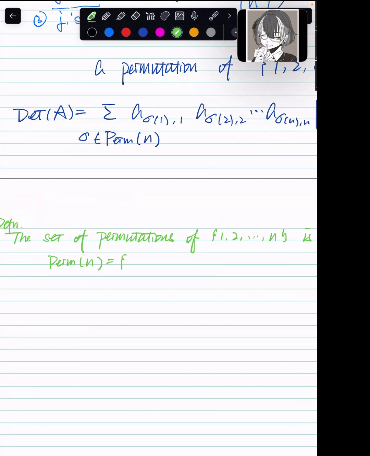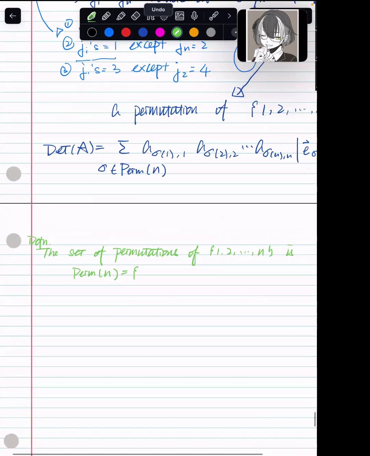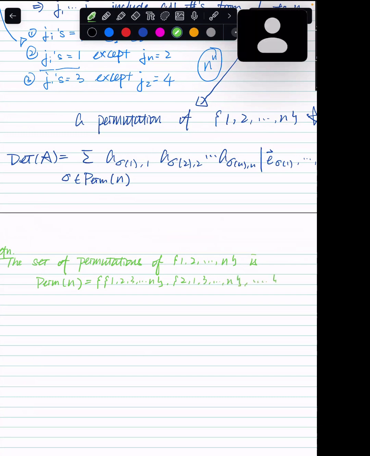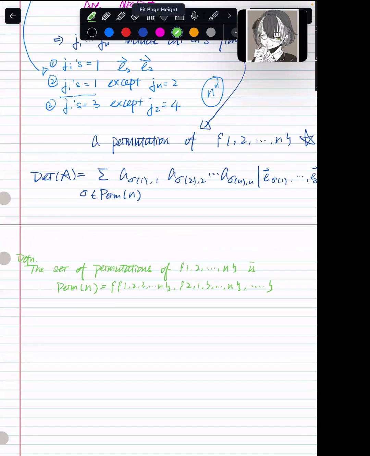And that's basically, for example, a set including the set of 1, 2, 3, all the way to n. And there are things like 2, 1, 3, all the way to n, and stuff like that. And the cardinality of a set basically means the number of elements in the set.